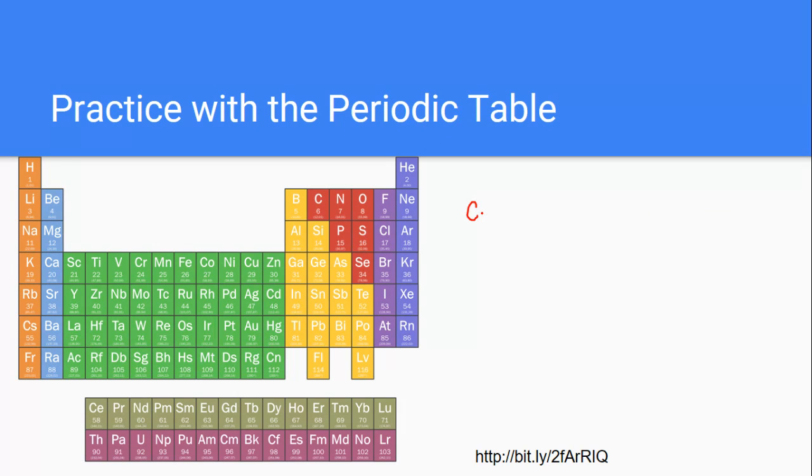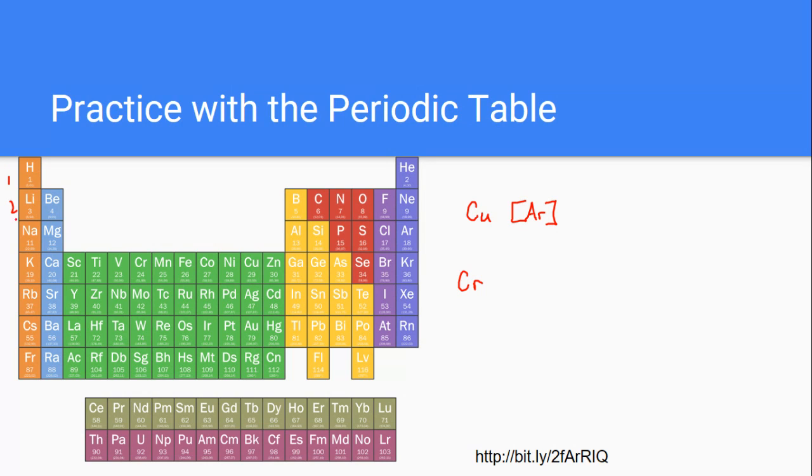So if we look at copper and chromium, here is what you would expect for copper. For copper, we'll do the shortened version. Argon is the previous noble gas, so we would expect it to be Ar in brackets, and then we would expect it to be right here.